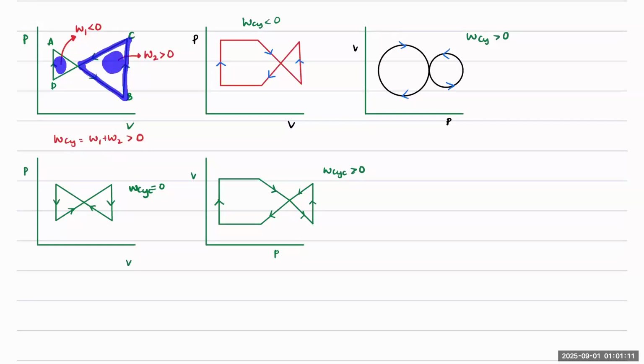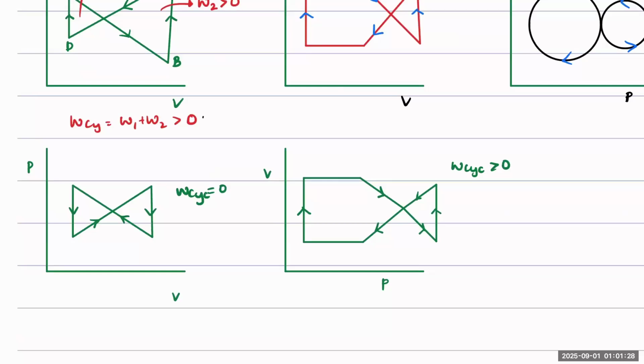So therefore, since W2 is greater than W1 by magnitude, overall for the cyclic structure, the net work done will be positive, and net heat will be negative. So here Q net will be negative and W net will be positive.